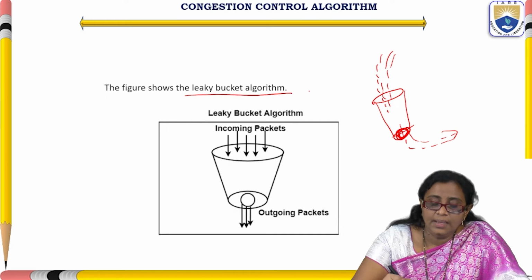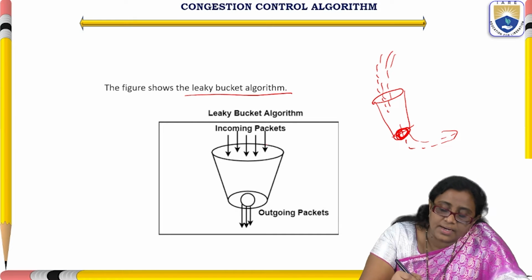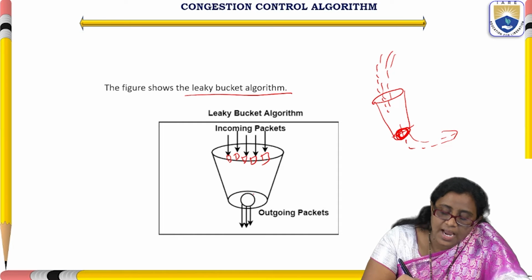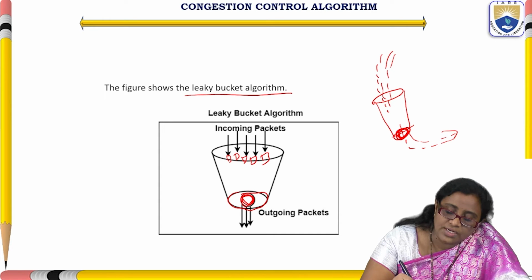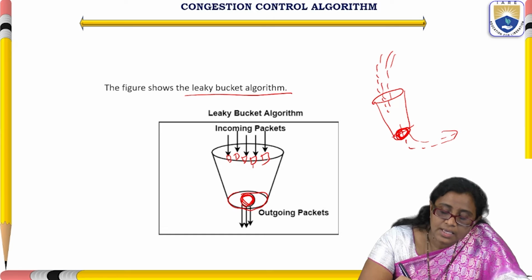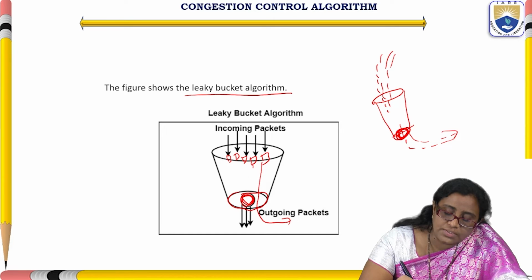Like the leaky bucket algorithm, the incoming packets are like this: packet 1, packet 2, packet 3, packet 4, packet 5. At the end of this network, there is one hole. Whatever incoming packets the bucket has received, automatically they come outside by means of the outgoing way.